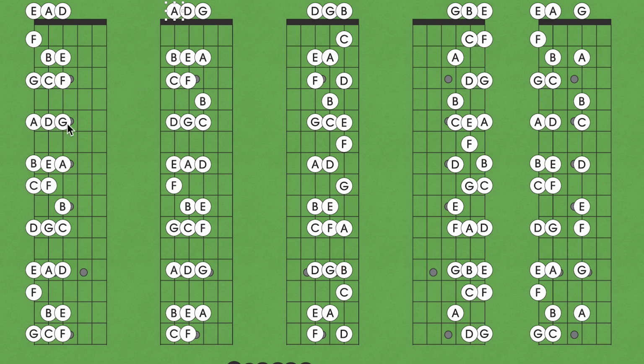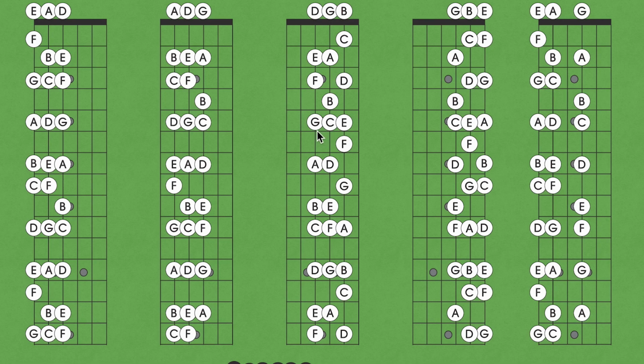A to D to G is a 4th. So everything we see right here would simply be, start right here and then just continue on up. It's when we get to D, G, and B where we're now dealing with an interval of a fourth and then a major third.